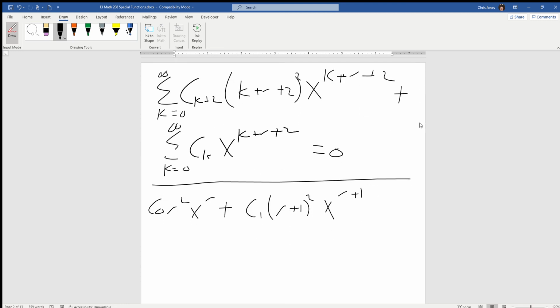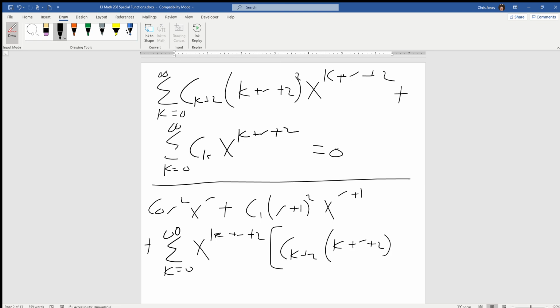And then when we factor out the series, k equals 0 to infinity, x to the k plus r plus 2, that is going to leave us with c sub k plus 2, (k plus r plus 2) squared, and then plus c sub k.